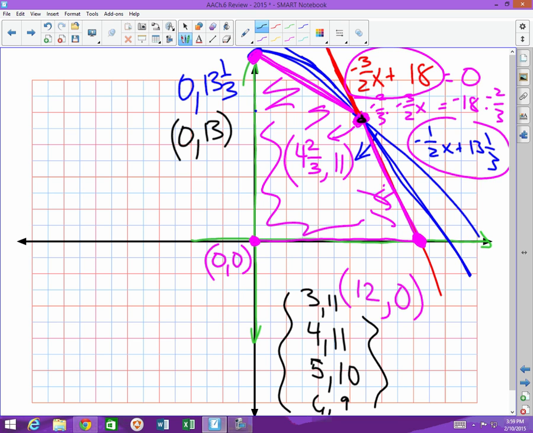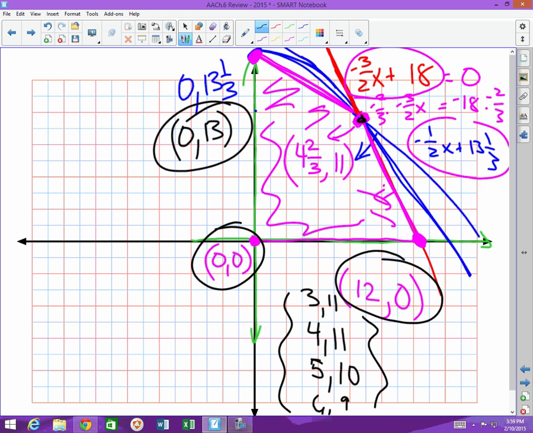So now we should try 12, 0, and then all of these to figure out which one is correct. Had this coordinate here been a whole number, say it would have been 4, 11, then you would pick that point and you would only have to substitute 1, 2, 3, and 4, because a minimum or maximum would occur at a vertex, unless it's not a whole number when you're dealing with real things like file cabinets.